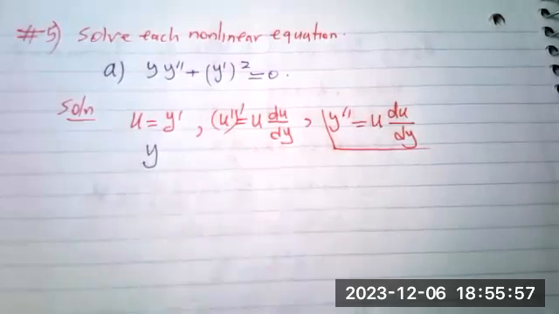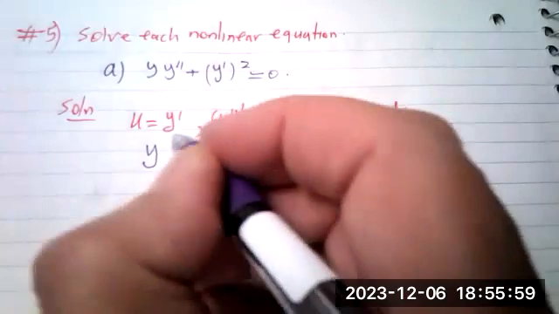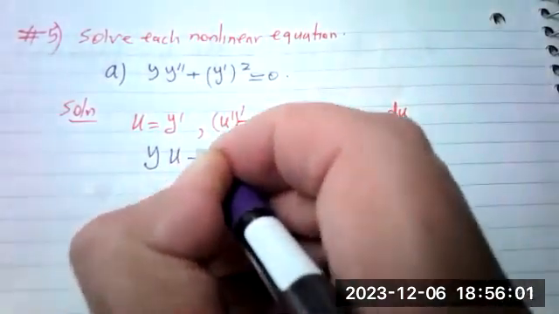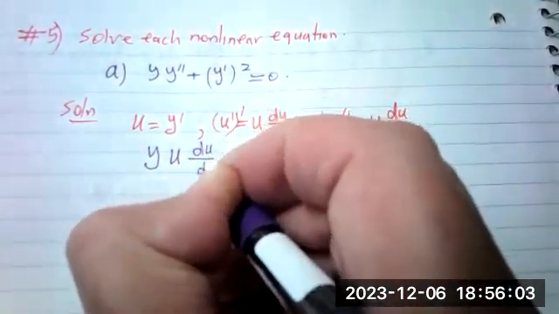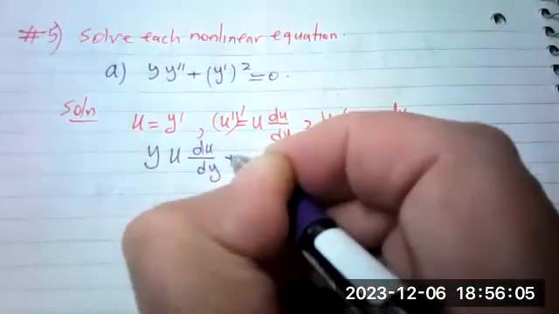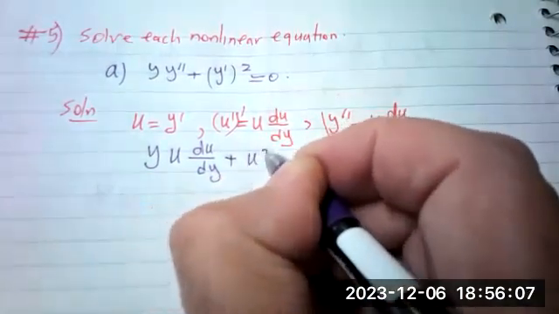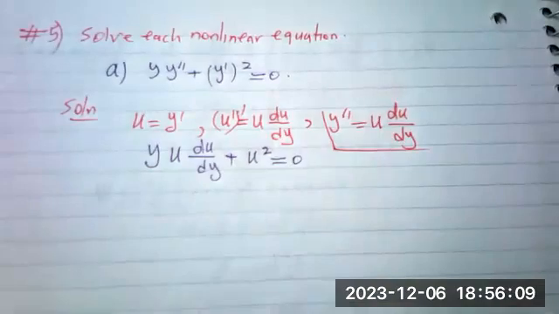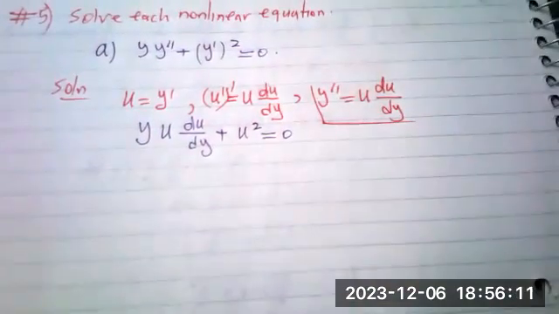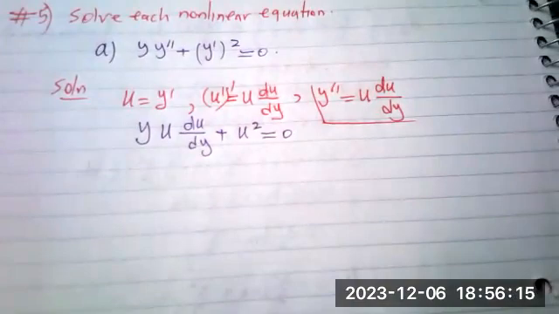Now you are going to take these two into your equation. So you get y double prime would be u times du dy, then plus y prime squared, which is u squared, equal to 0. You see this equation? It's an equation in terms of y and u. There's no x there.